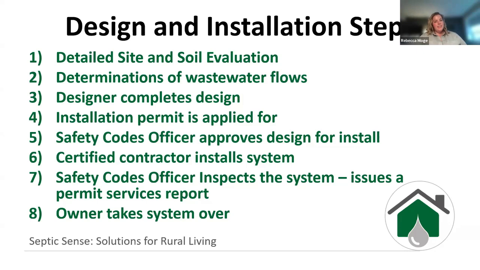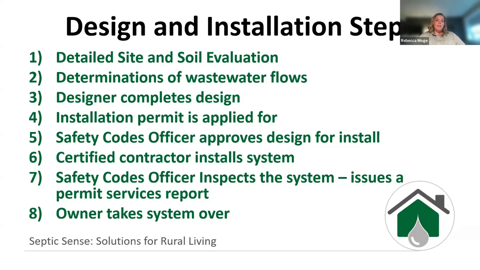So the design and installation has a variety of steps, which we'll go into a little bit here. So our site evaluation, which we touched on, our wastewater flows, so what kind of volume are we dealing with? The design, the permit, and then the approval of that design. So in order to install a system, we require a permit from the appropriate authority, whether that's right from the municipality or from an agency.